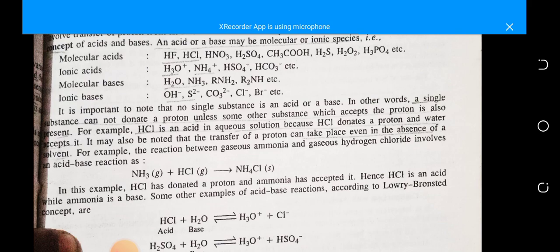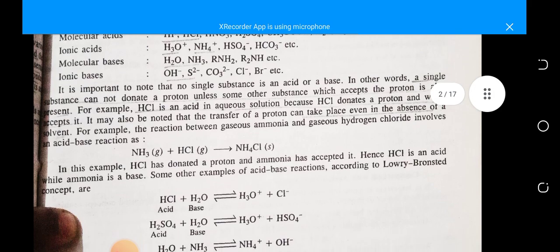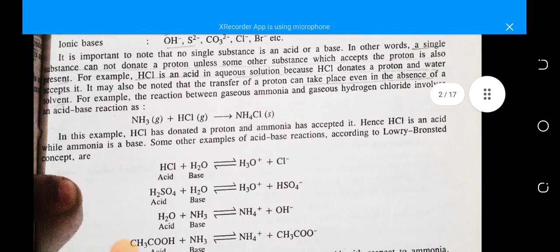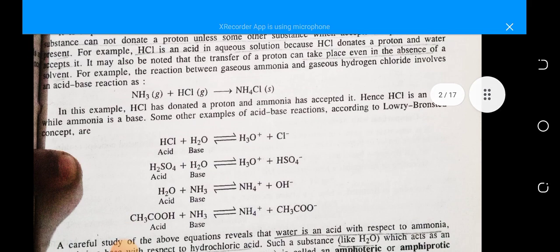It may also be noted that the transfer of proton can take place even in the absence of a solvent. For example, the reaction between gaseous ammonia and gaseous hydrogen chloride involves an acid-base reaction as NH3 plus HCl gives NH4Cl. In this example, HCl has donated a proton and ammonia has accepted it. Hence, HCl is an acid while ammonia is a base.